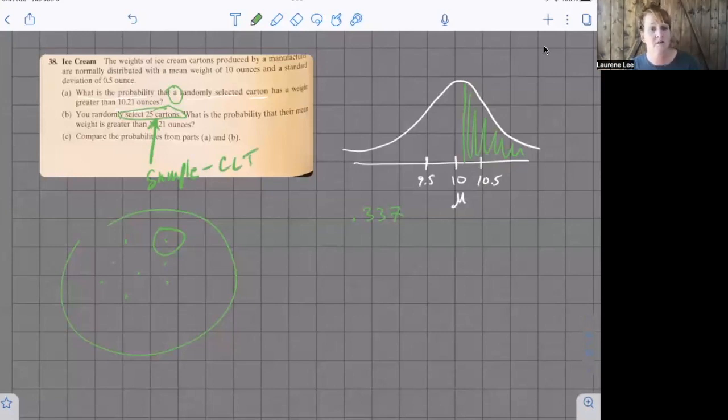Another clue that you're in a 5-4 problem with the central limit theorem is what it asks the probability of. Both ask for a probability, but here you're asking for the probability of the mean weight. So that's your X bar 1, X bar 2. Now we're plotting sample means instead of individual data points. All right, so let's draw a picture of this.